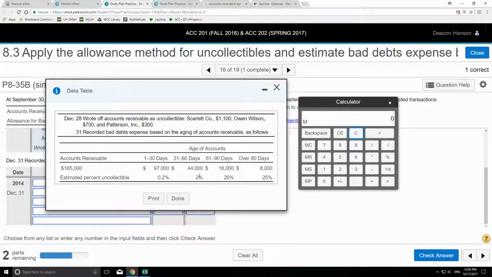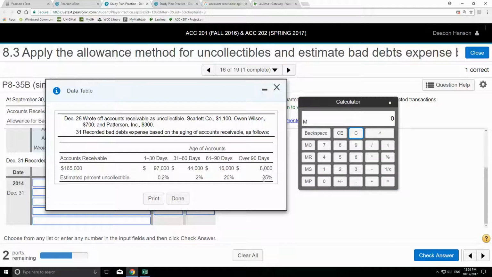And then we'll come over here, and 2% of 44,000 gives me 880. I'll dump that into memory too. I'm just going to tally it all up. So that's just getting added to memory. And then I got 16,000 times 20%. So what would that be? 3,200? Rely on your calculator if you're not sure. Okay, put that into memory.